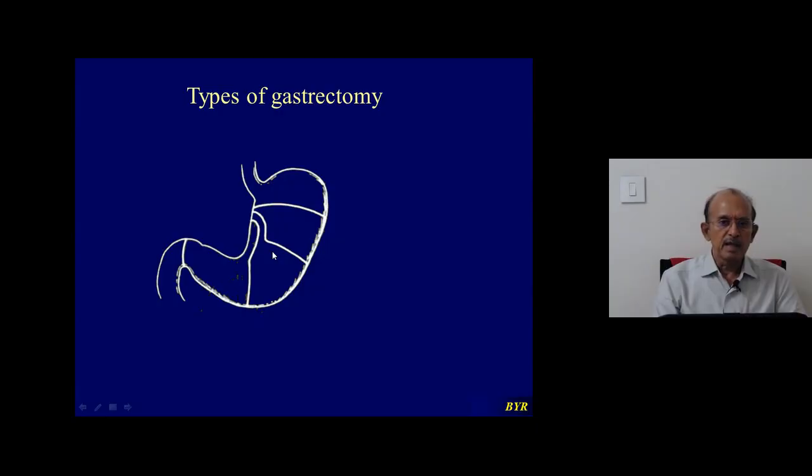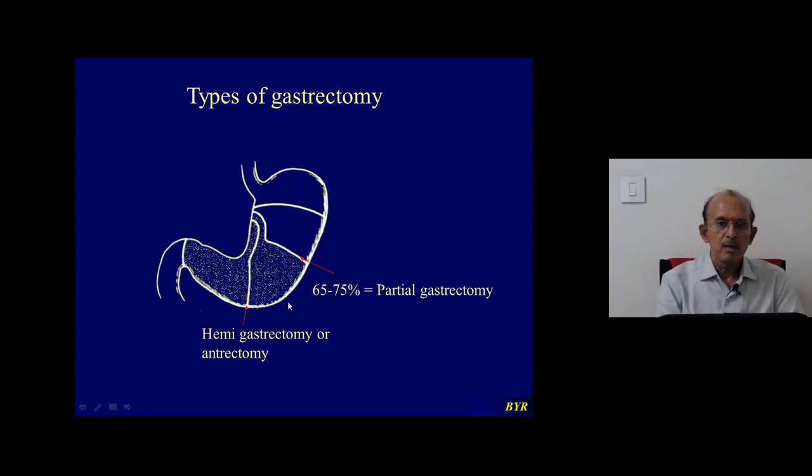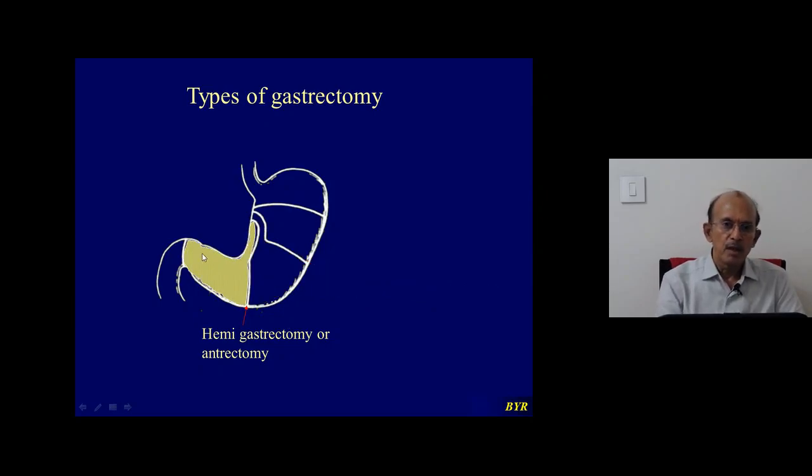The types of gastrectomy: if you remove the pyloric antrum, how do you define an antrum? You draw a line from the incisura angularis straight downwards to the greater curvature.